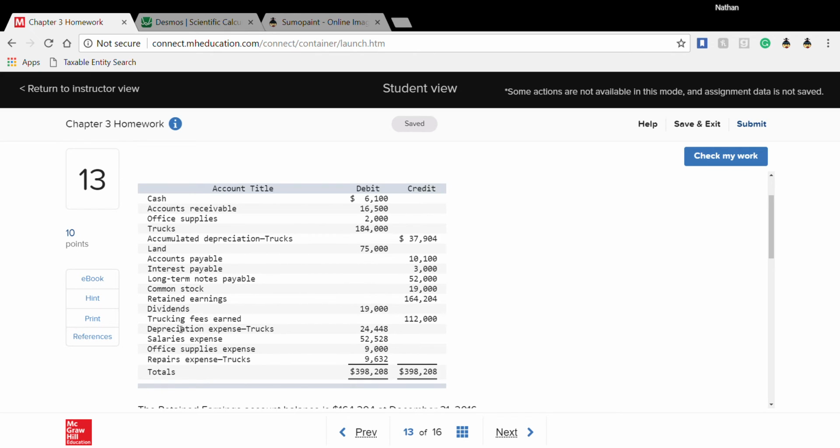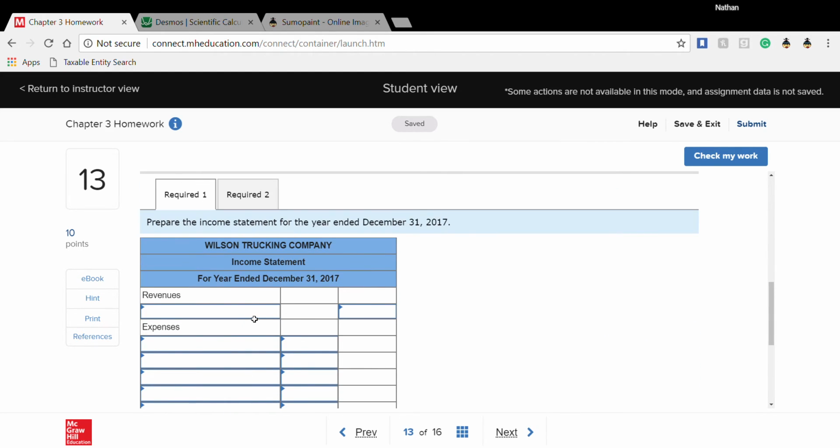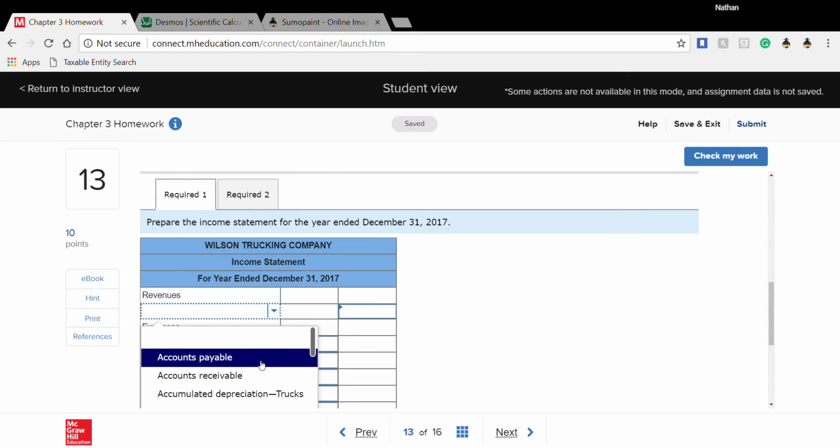Well, if you remember, our trial balance starts off with assets, then gets into liabilities, then equity, and then revenue and expenses. Notice that our only revenue is trucking fees earned. Again, keyword, earned.